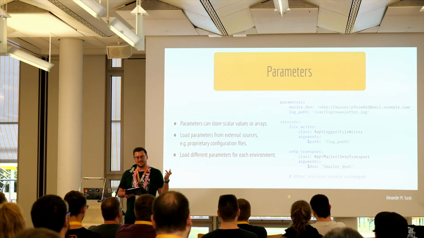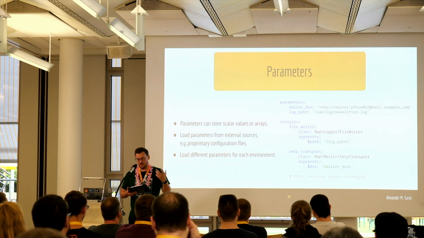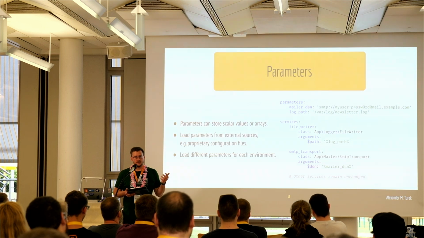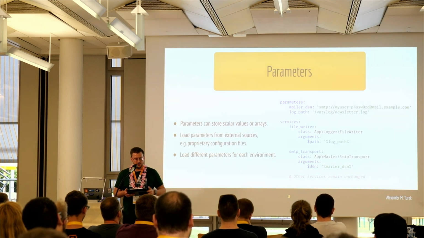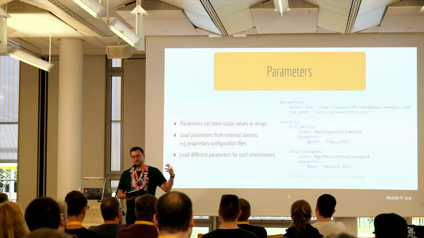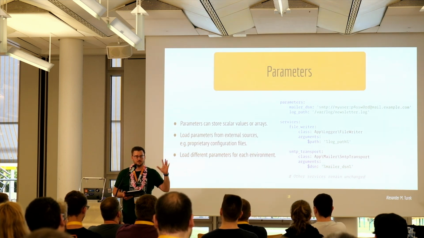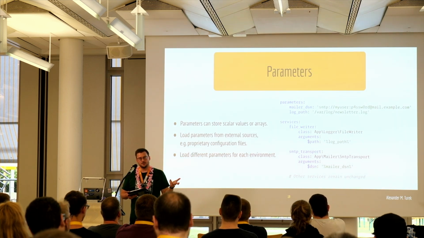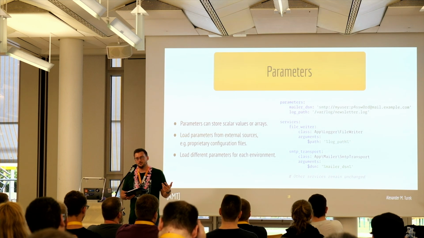The one thing that we want to extract first is parameters. Parameters can store scalar values or arrays, and I could, for instance, load those parameters from external sources. We're not doing this today, but just keep in mind that you could do that. And we could also load different parameters for different environments.